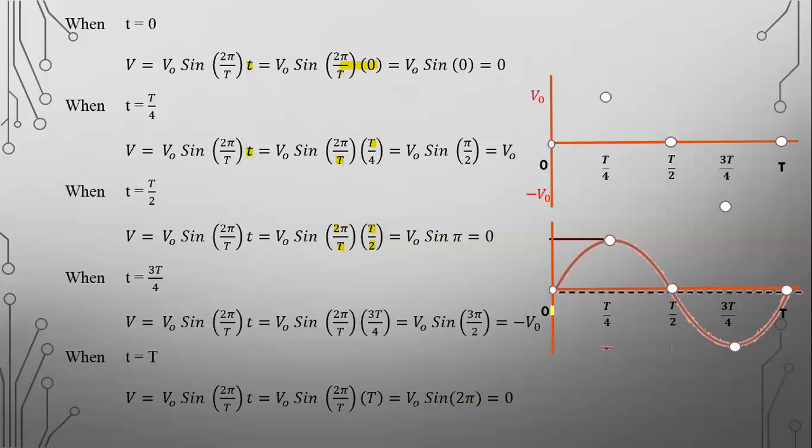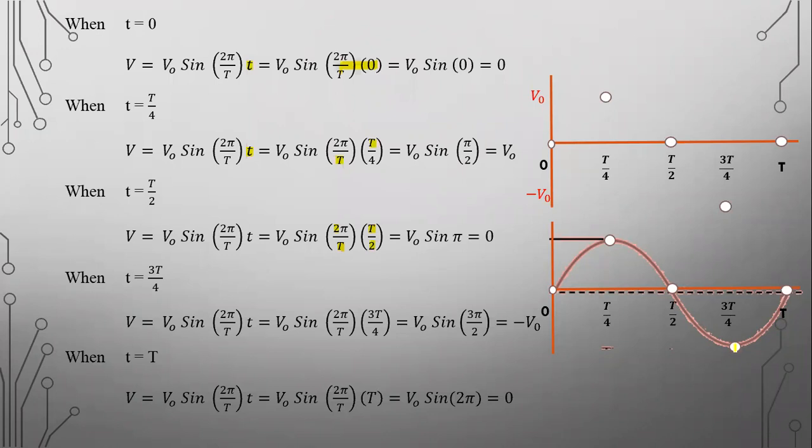Initially the voltage will increase up to the maximum value, then it starts decreasing, and then it becomes zero, and again it increases to its negative peak value, that is, in the reverse direction, and then again becomes zero. So this is the complete AC cycle of an alternating quantity.